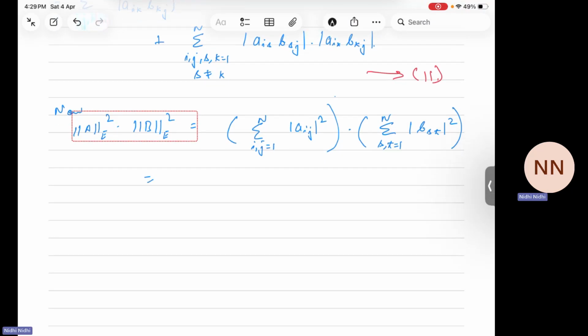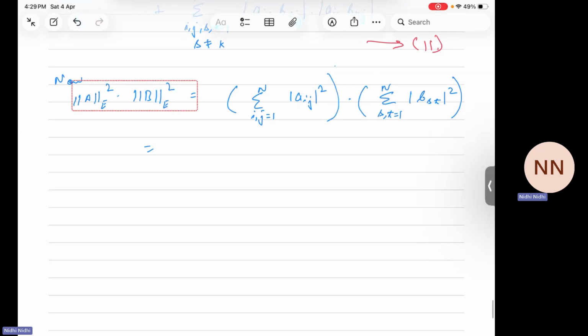If you just open this up and use the distribution property of the real numbers, this will eventually be equal to the summation ijst from 1 to n of a_ij b_st squared.